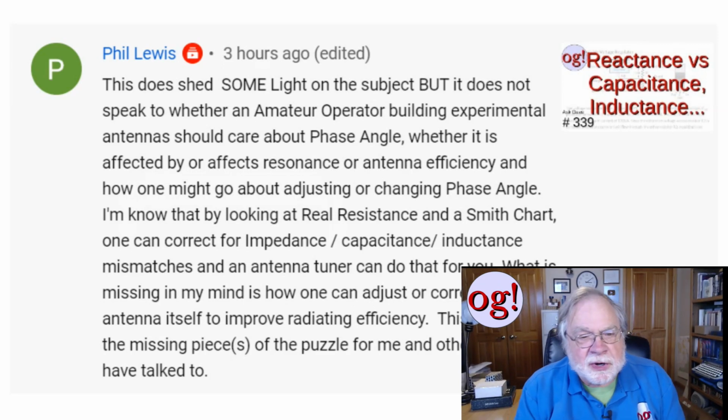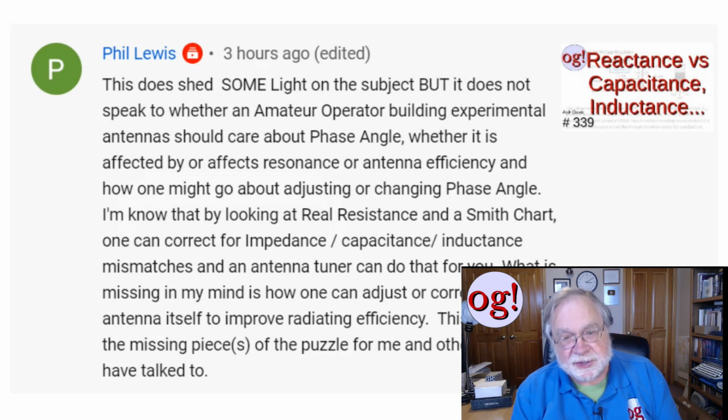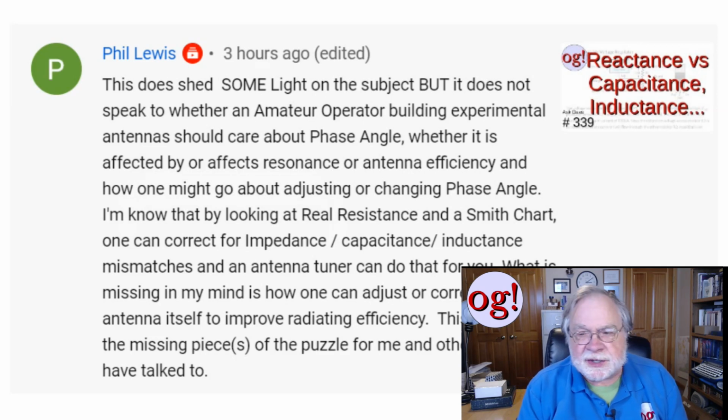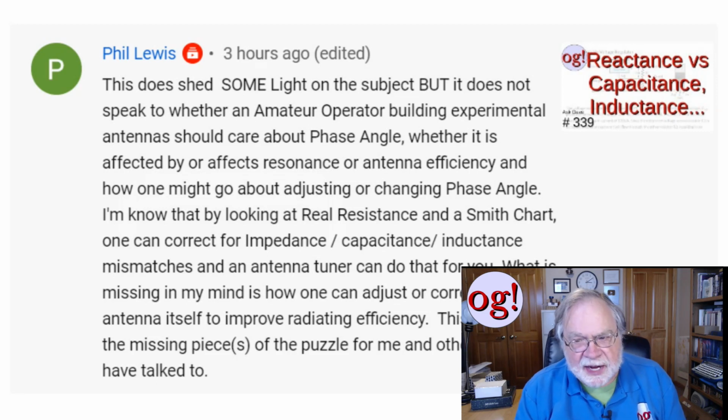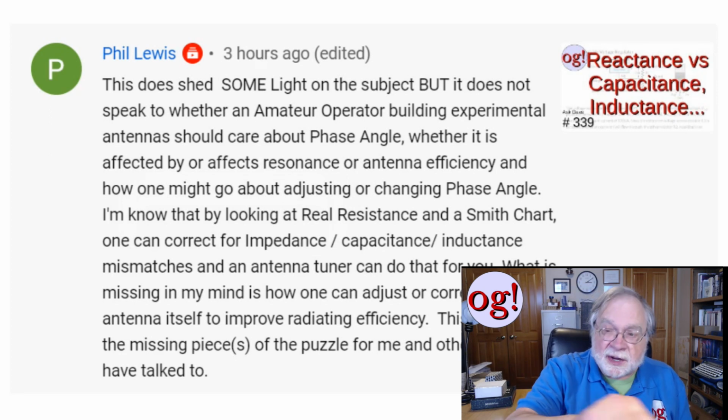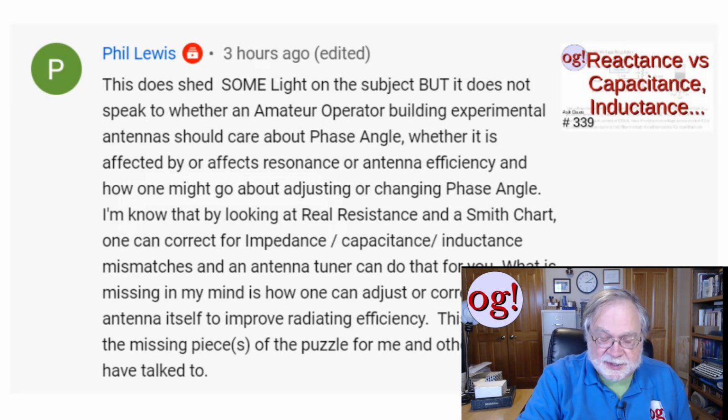Now, the Smith chart does not just start with real resistance. You can start with both your resistance and reactance, and often the newer antenna analyzers will show you a Smith chart and maybe even draw a little circle on it, or you can measure at a single frequency, because the spot on the Smith chart changes with frequency.